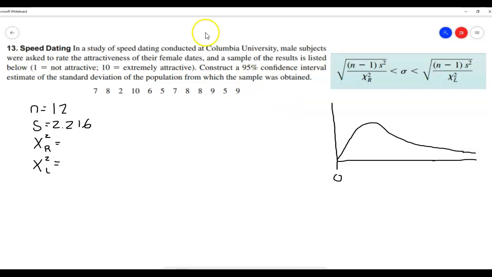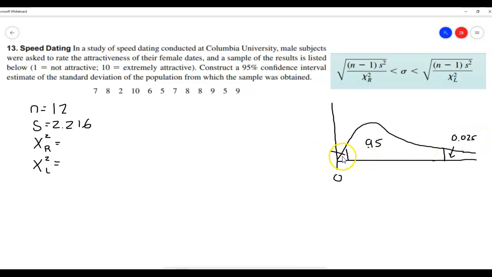This is a 95% confidence interval, so we're going to chop off the left tail and the right tail, and the area in the middle here is 0.95. That leaves 0.05 left, so the area in both of the tails is going to be half of that, so 0.025 in each tail.